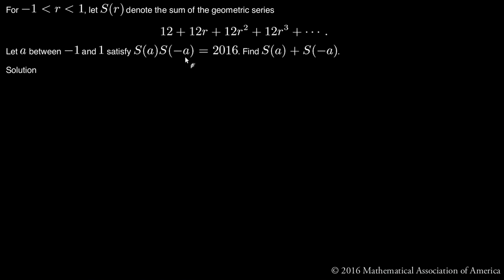So the first thing you need to know is the sum of an infinite geometric series in general is going to be the first term divided by 1 minus the common ratio.